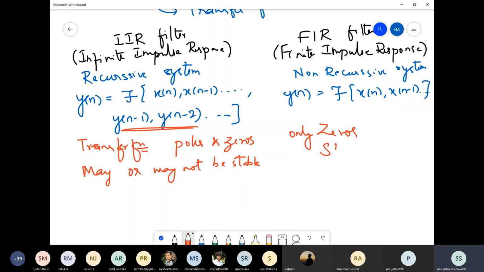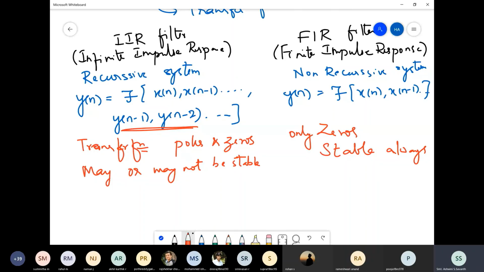Whereas an FIR filter is always stable, because there are no poles in the transfer function. So the location of poles doesn't matter. Since there are no poles, it's always a stable system. These are some of the differences. We have more of them, but as we go on discussing both the filter design structures, you will get to know more and more of these.